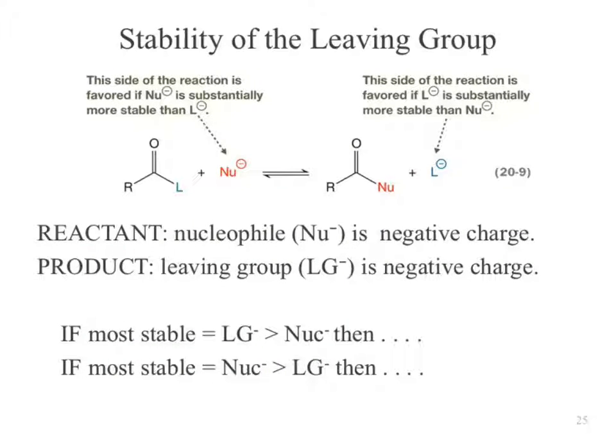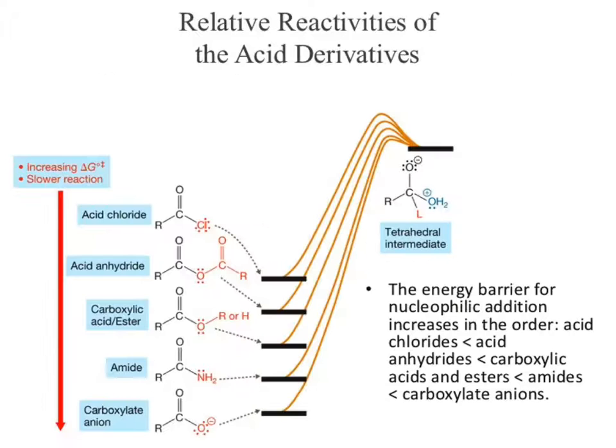So stability of the leaving group, we already addressed. This is kind of a cheat because if you notice on our energy diagram here, do we actually have the leaving groups leaving? No, so we shouldn't really be using leaving group ability to rank the order of reactivity of these. The ranking of the leaving group ability is kind of a cheat because it gets us to the correct answer but for the wrong reason.